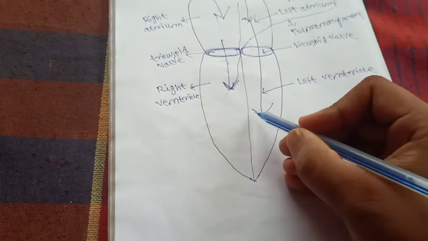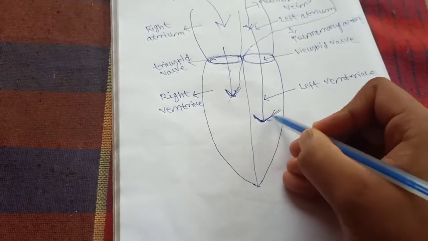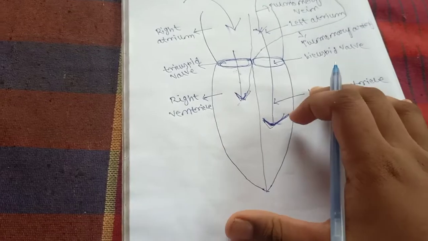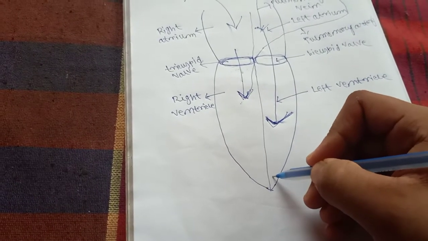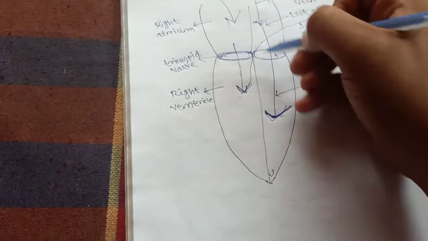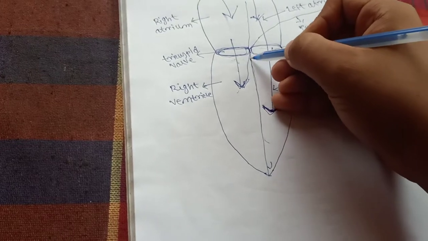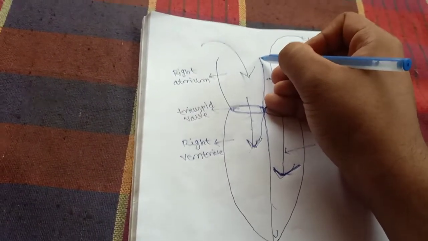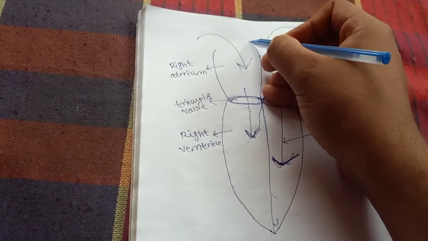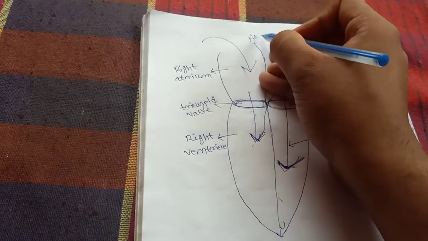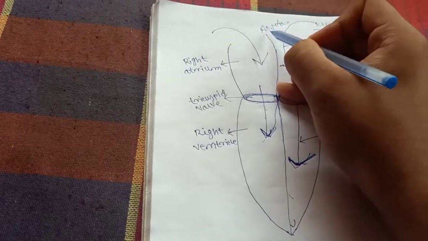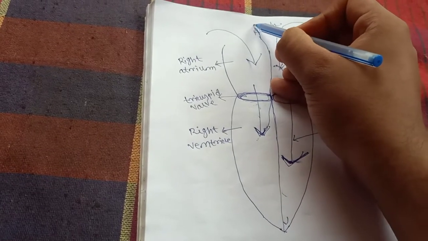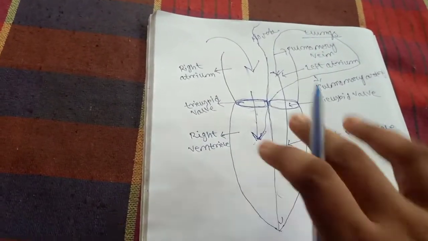Here the blood is totally oxygenated, and this oxygenated blood will flow into the aorta. See the diagram properly, assume that here is the aorta, and the blood will flow through the aorta to the whole body.